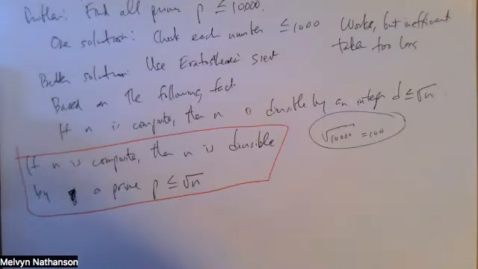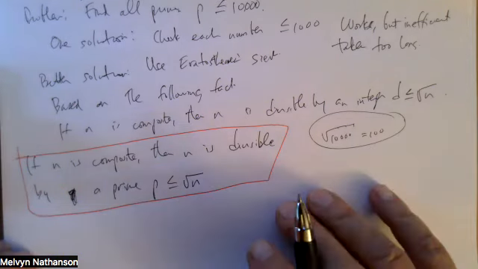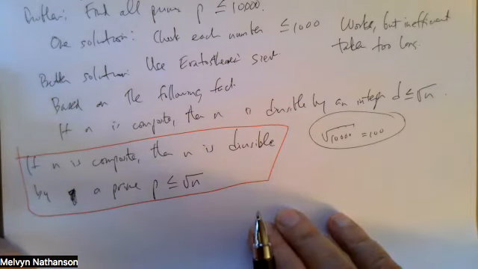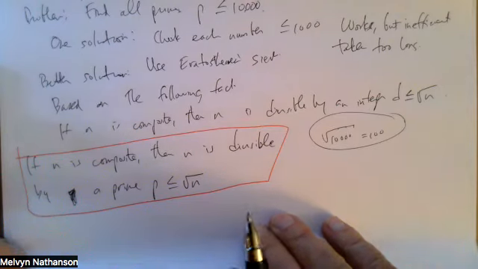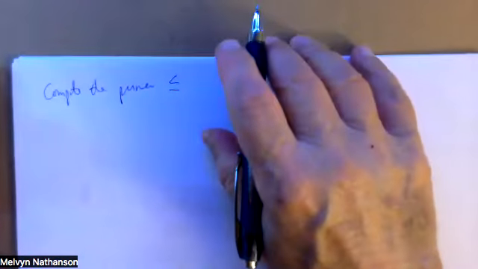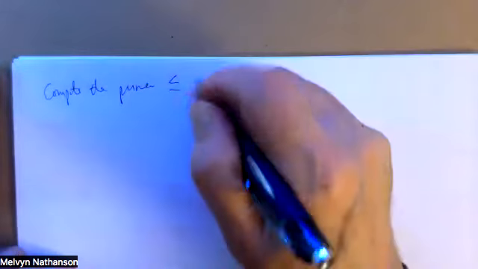So let me show you how you convert this idea into an algorithm. So let's say I want to compute the primes less than or equal to, I don't know, I'll just say 80. So you start by writing down all the numbers.